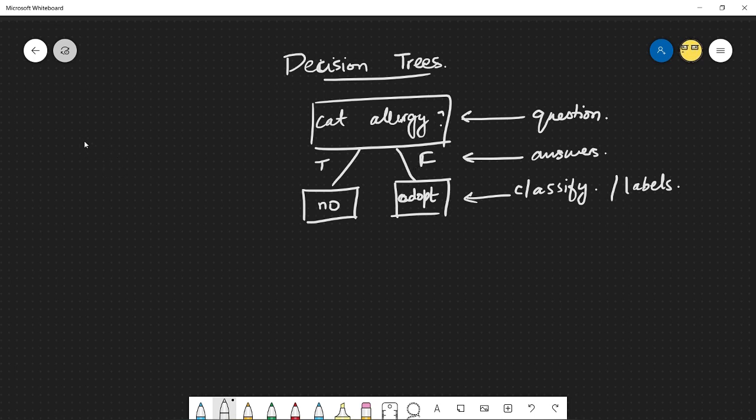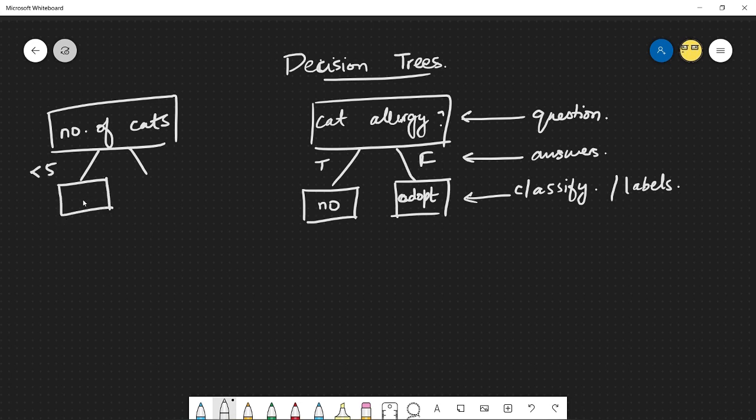That might look somewhat like this, where I can say number of cats is our variable that we're looking at, and if it's less than 5, then I am going to adopt a cat, and if it's greater than 5, then I am not going to adopt a cat.